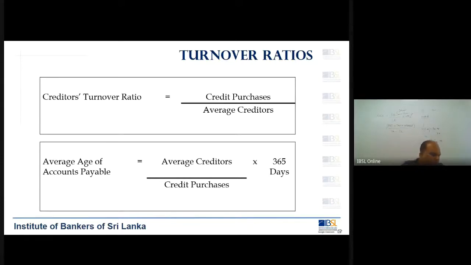So which means you may take some time to repay the creditor for the materials that you have purchased. So how long do you take to repay your creditors? That is what the creditors turnover ratio or creditors turnover period is.